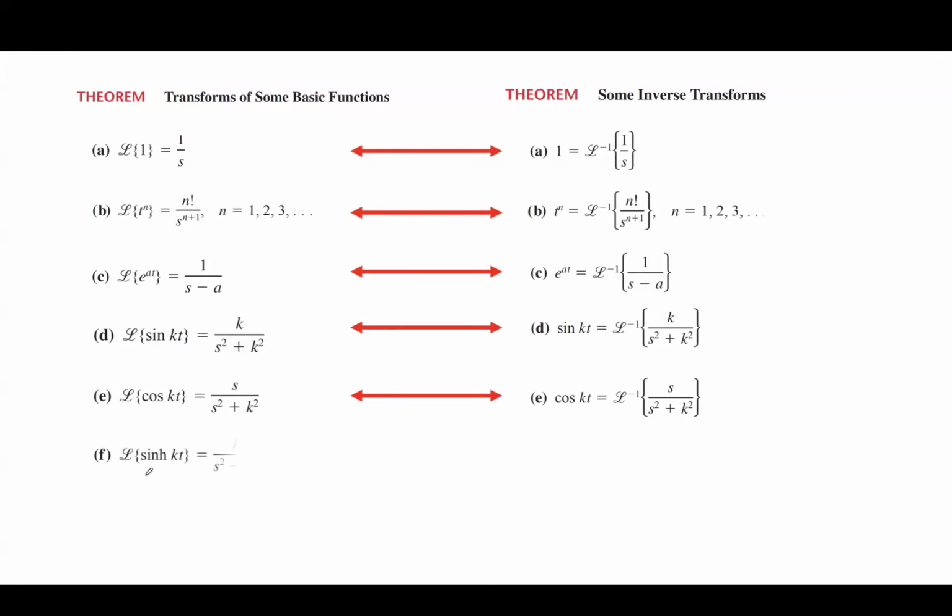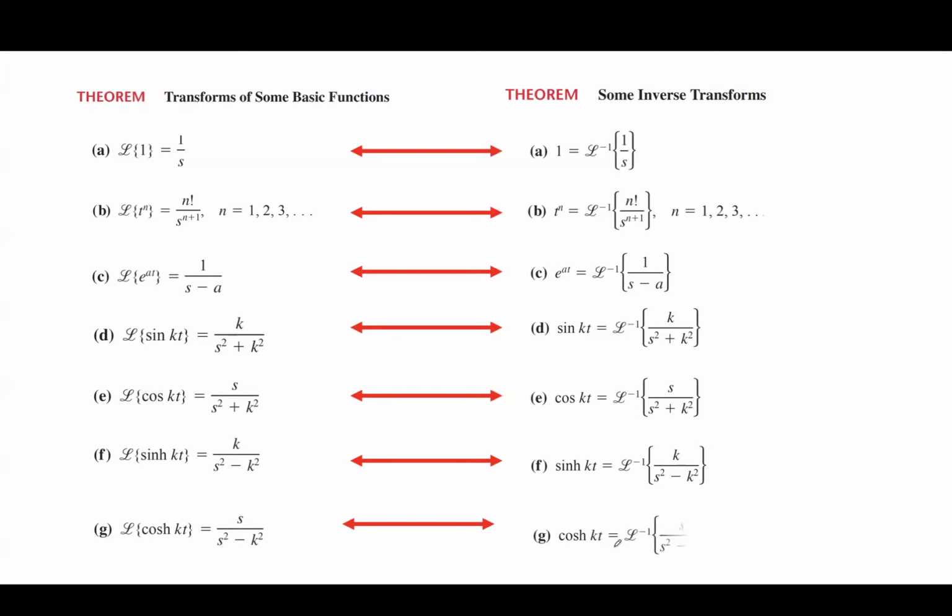The Laplace transform of hyperbolic sine kt is k divided by s squared minus k squared. Equivalently, we can write hyperbolic sine of kt to be the inverse Laplace of k divided by s squared minus k squared. And finally, since the Laplace transform of hyperbolic cosine kt is s divided by s squared minus k squared, equivalently, we can write hyperbolic cosine of kt to be the inverse Laplace of s divided by s squared minus k squared.